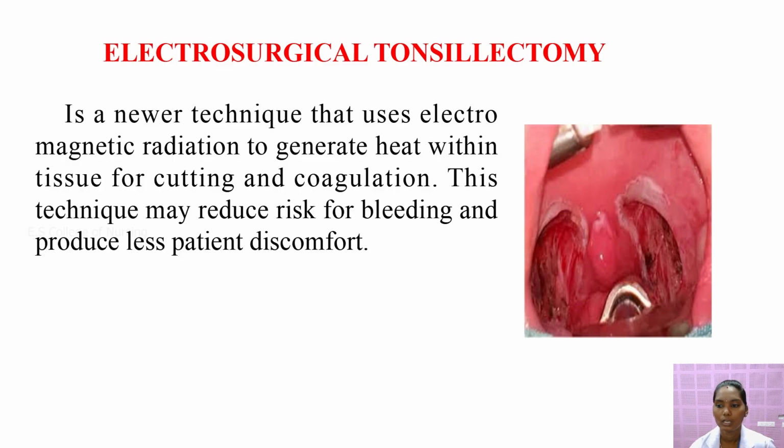It helps to cut the infected tonsil and also to prevent unnecessary bleeding. This technique may reduce the risk of bleeding and produce less patient discomfort. See the picture. This is the total removal of the tonsil using the electrosurgical method. It is a newer technique.